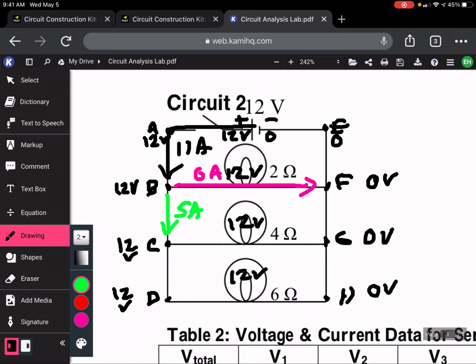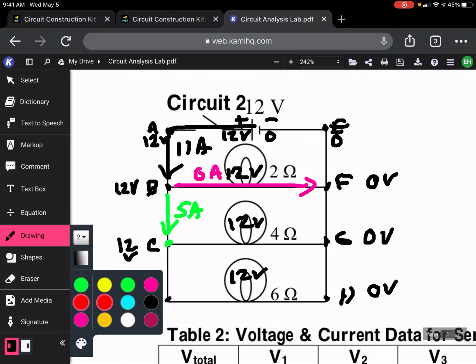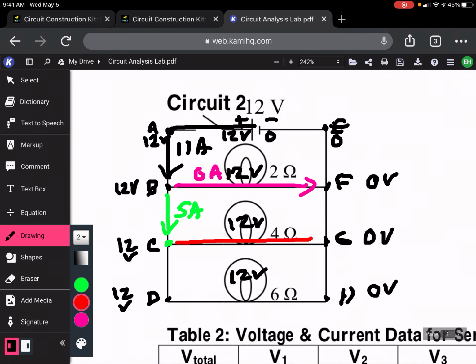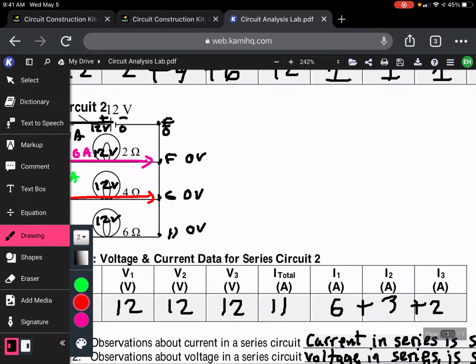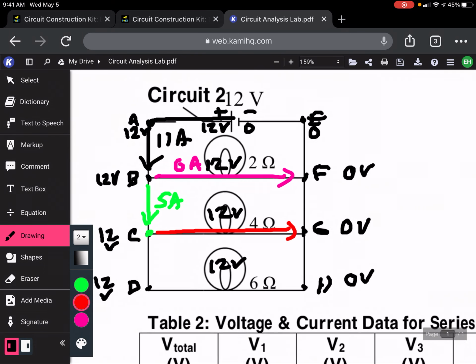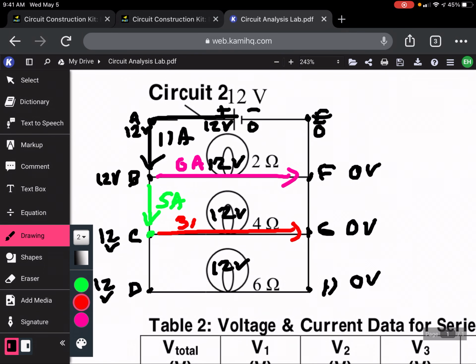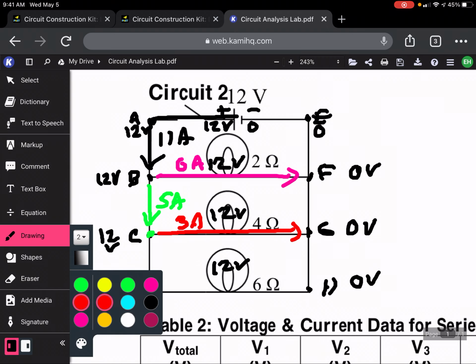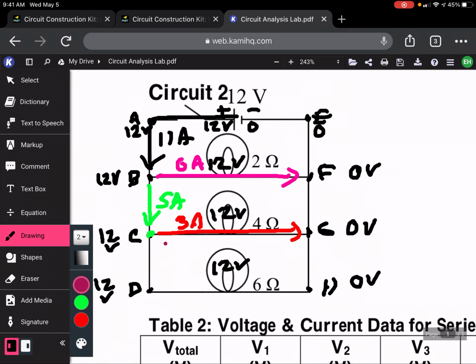Now we take that 5 amps, and it is going to split again. Across the middle pathway, remember, there were 3 amps going across that pathway. And then what is 3 from 5? That would be the remaining 2 amps of current.